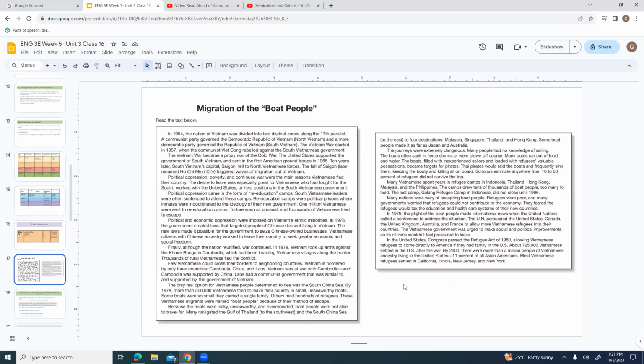And the Vietnam War started in 1957 when the communist Viet Cong rebelled against the South Vietnamese government. Okay. The war became kind of a proxy war of the Cold War between the States and Russia. The United States supported the government of South Vietnam and sent in ground troops in 1965.